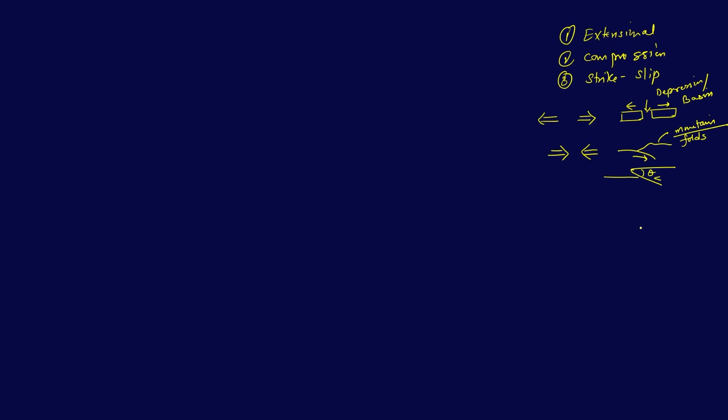We have discussed at various instances which will be the hanging wall and which will be the footwall. So, this is the hanging wall and this will be your footwall. Now, in the case of extension, one block is moving down with respect to another one.